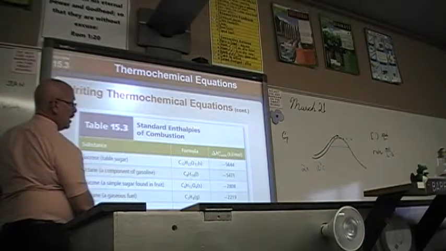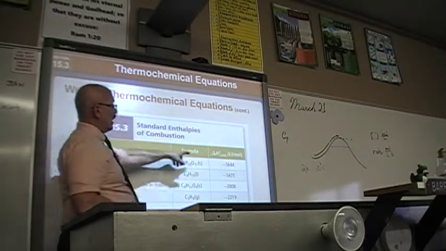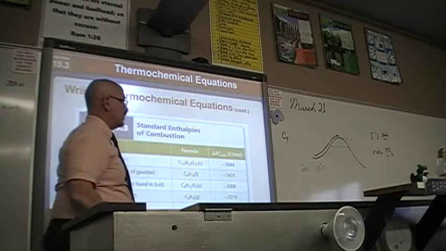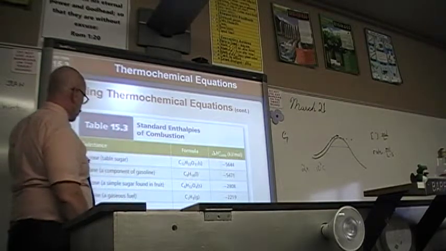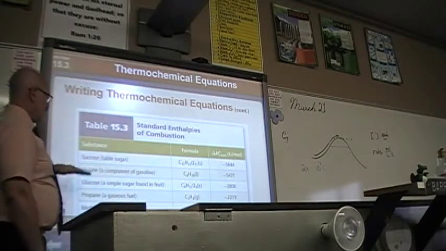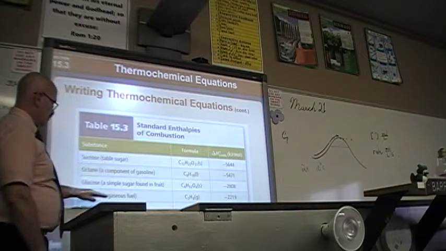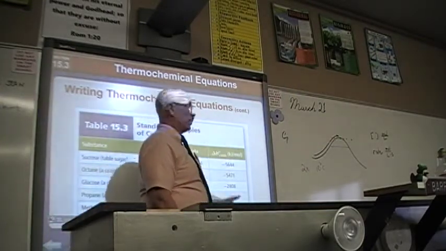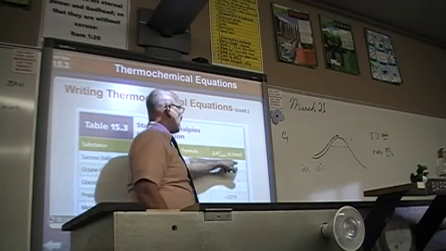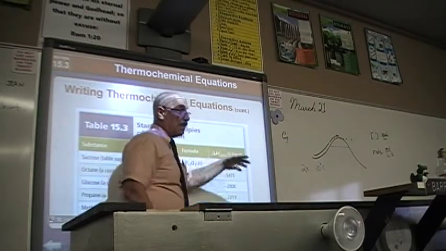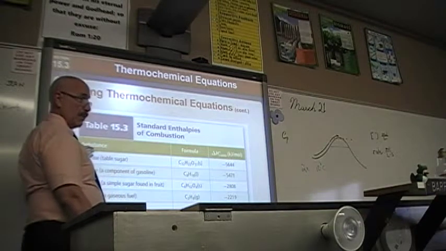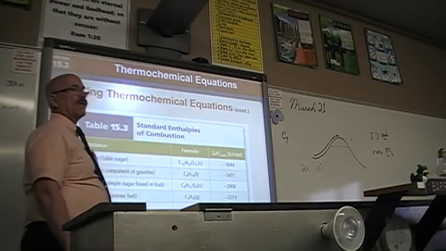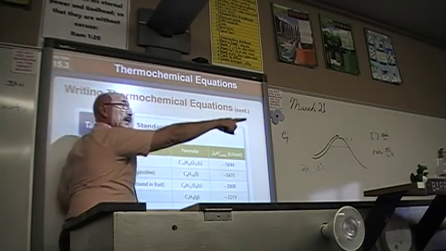Okay. Here's some typical heats of combustion or enthalpies of combustion. So if I burn sugar, if I burn gasoline, if I burn propane, if I burn methane, these are hugely exothermic. So big, huge numbers here. Negative 5,000 kilojoules per mole of stuff that I burn. You want to figure out which one of these we were talking about the other day, remember?